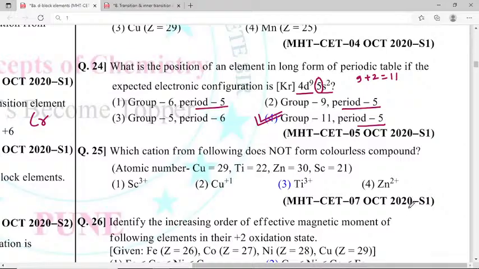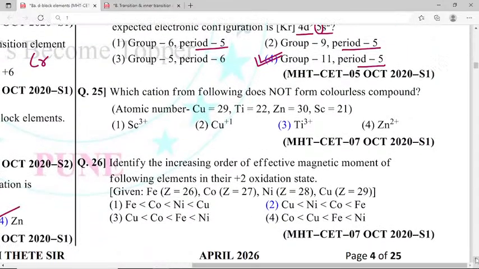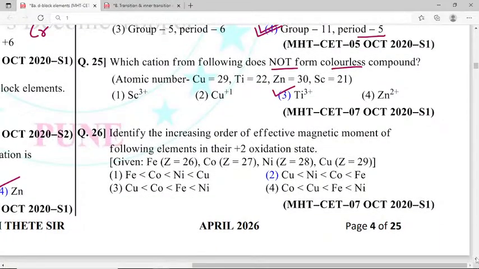Which cation from the following does not form a colorless compound? Which of the following are colorless compounds? Titanium +3 does not form a colorless compound because titanium +3 has 3d1.